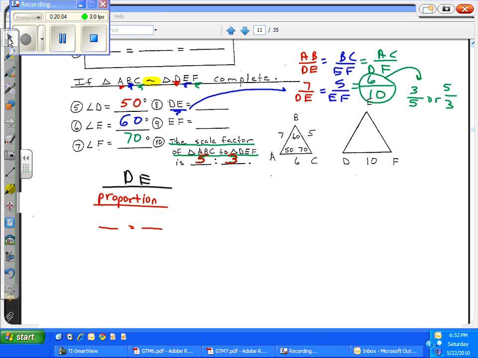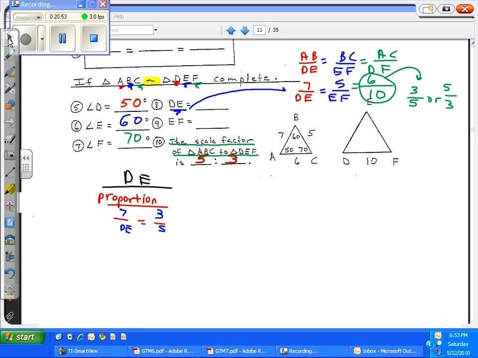So we're going to say 7 over DE is equal to, now, if we're going to set up a proportion, this is where we have to be careful. We put side of little over side of big. Therefore, when we go grab that 3/5 or 5/3, we have to put side of little over side of big. Remember, in a proportion, it has to be the same two comparisons of the same two items. And you've got to get stuff right.